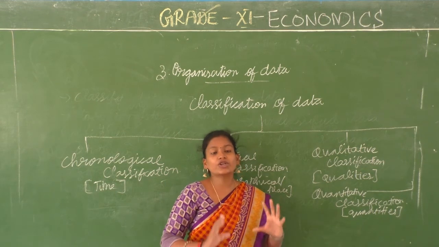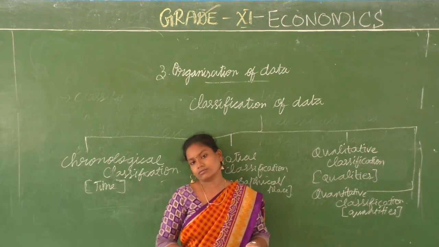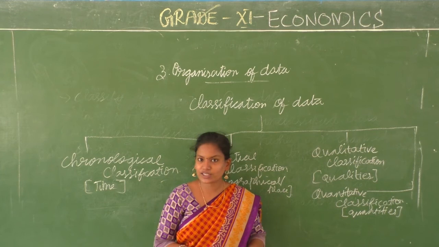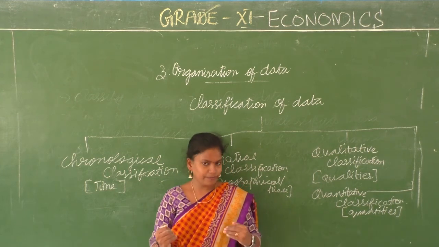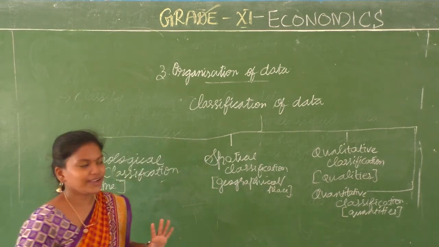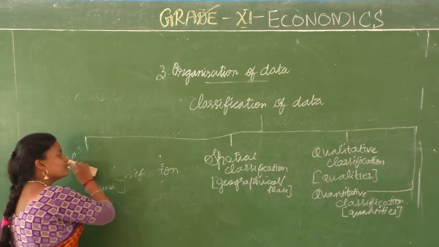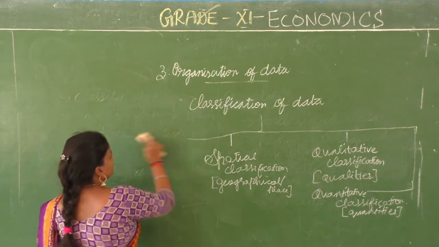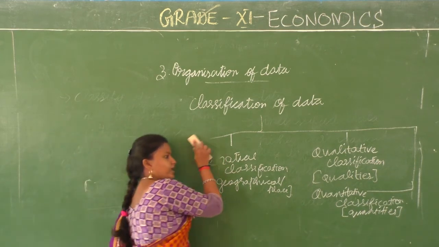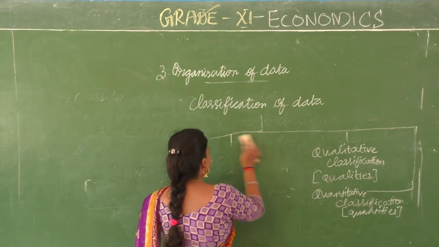What is that kind of classification called? We have discussed the classification of data, right? So your height in various time frames, which kind of classification will you use? You are going to answer this. Think and answer. It's a very, very simple question.